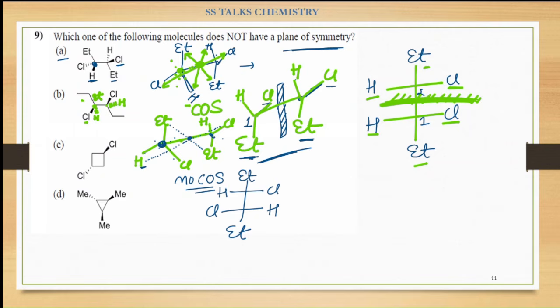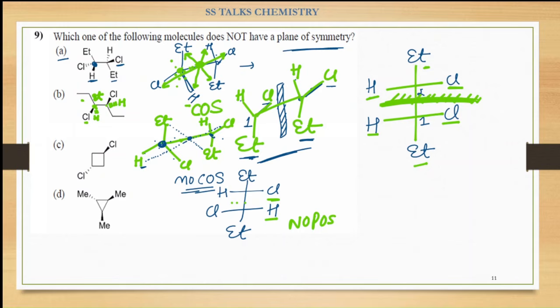So this eclipsed conformation, this Fischer projection I have got. You can see there is no plane of symmetry present in this, because if you try to pass it over here, this hydrogen is encountering the chlorine atom over here. So the statement is also confirmed that whenever center of symmetry is absent, plane of symmetry is also absent in that particular case.